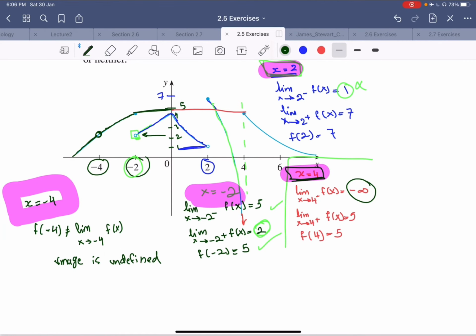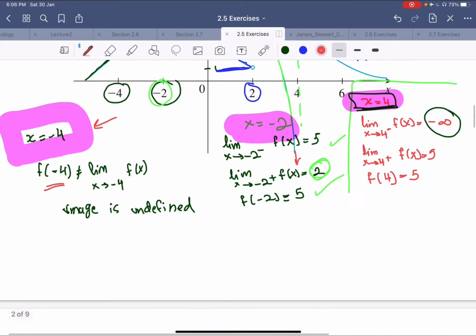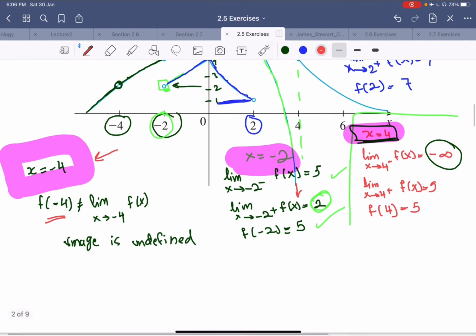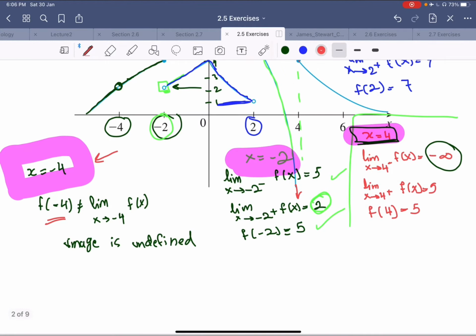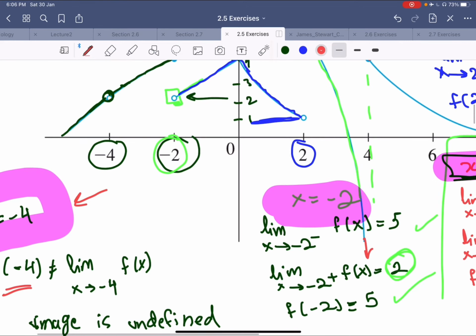For example, here at x equals -4 the image is undefined. So even though we have a limit, say from the left 2 and from the right 2, the image is not defined, so we cannot say that it's continuous from both sides.